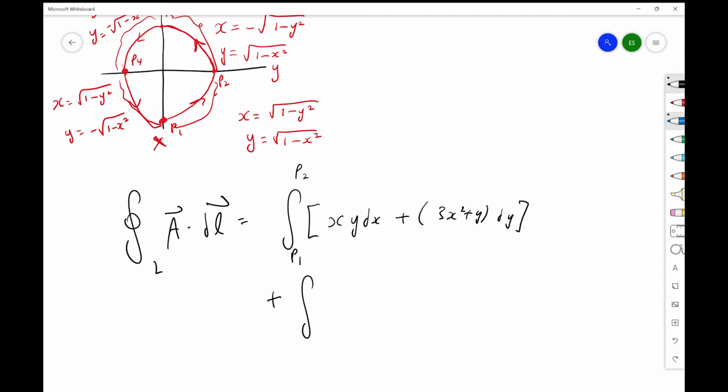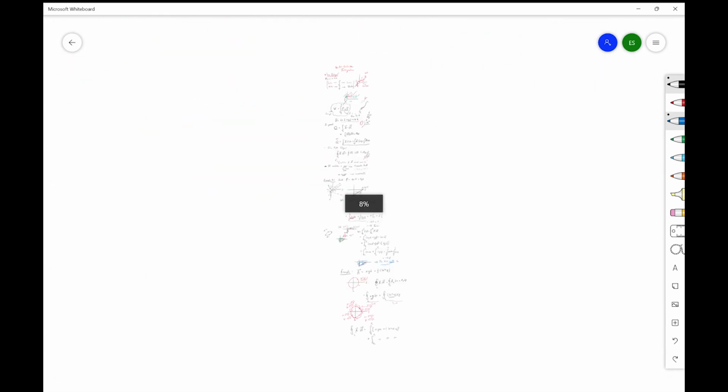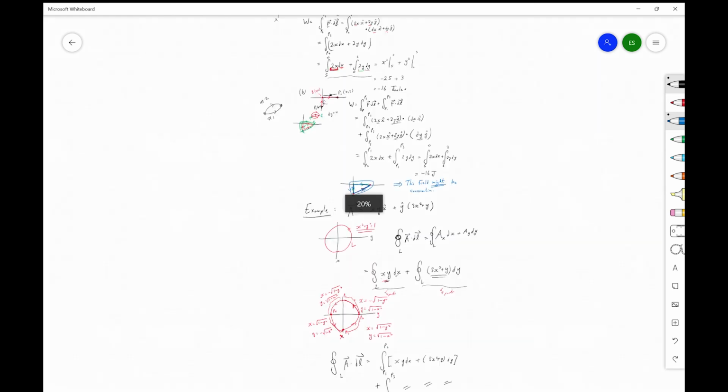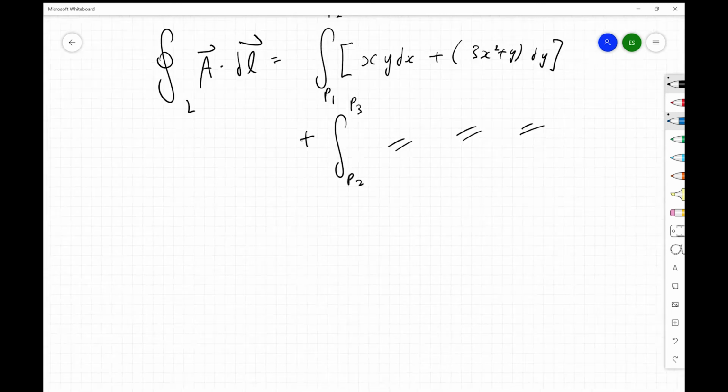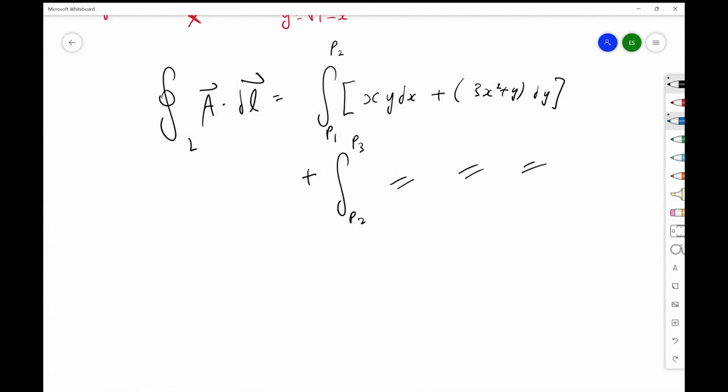Plus P2 to P3 going across the second arc. I'm going to repeat the same thing. I don't want to write it down again. And then the same thing, integral from P3 to P4, the same integrand. And then I'm going to integrate from P4 to P1.